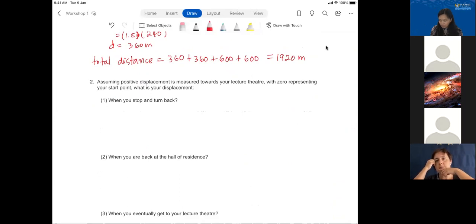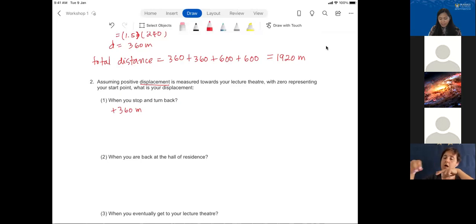So here, 360 meters, you can just put positive or just leave out the plus sign if you want. Or you can say 360 meters towards the lecture theater. So at least you need to put some indication of direction there because we're looking for displacement.